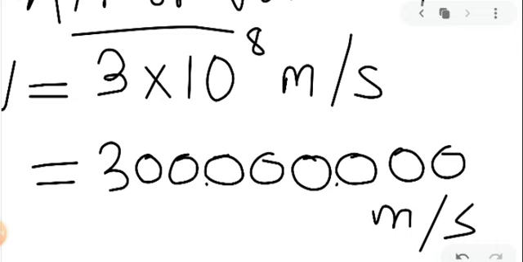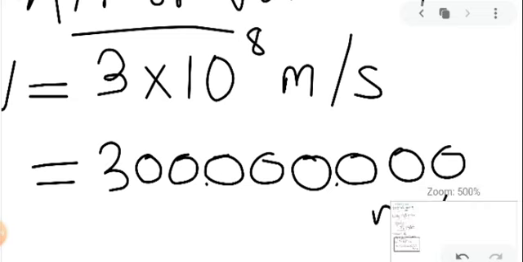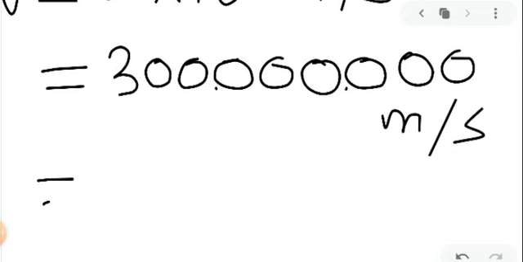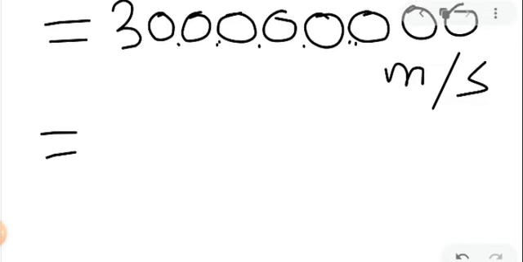Or if you are an Indian, you could call this 1000, 10,000, lakh, 10 lakh, and this is crore. Okay, let me just convert it to kilometers per second, so that would be better, because I don't know anything beyond crore.